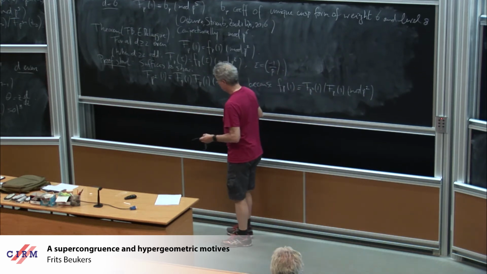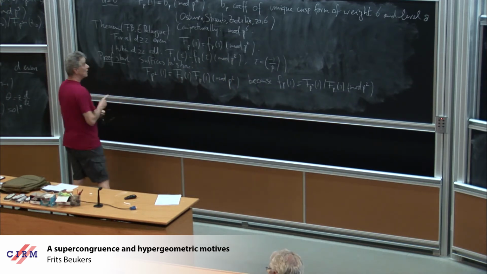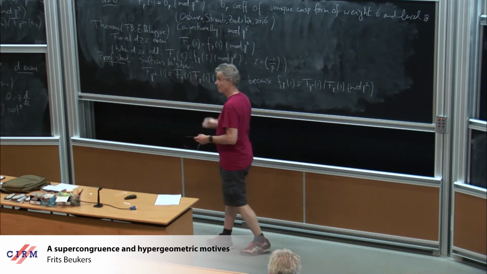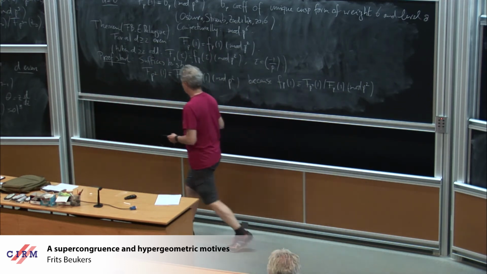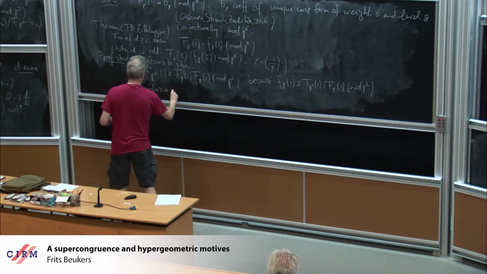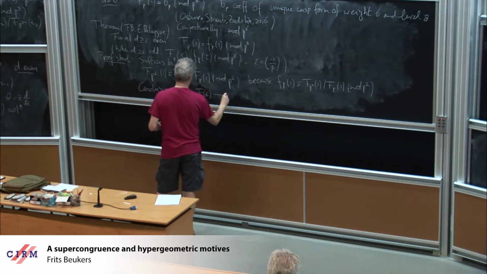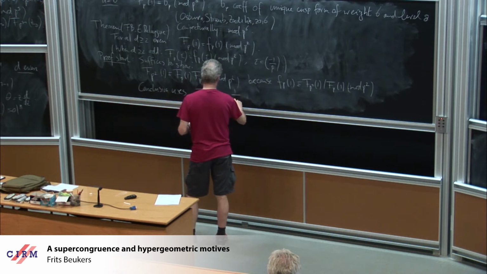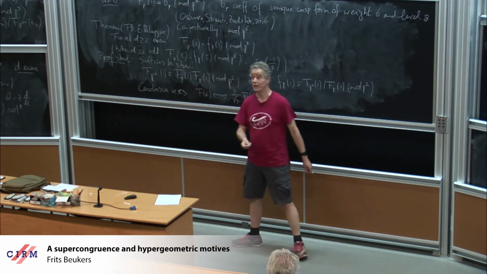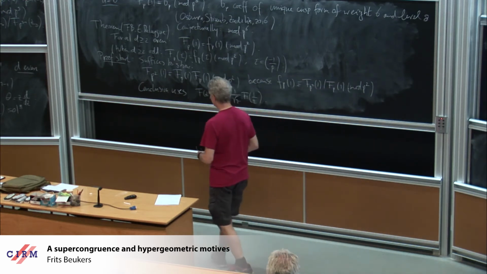I'm not going to spell it out, but I'd like to remark that a crucial ingredient, the reason that supercongruences in this theorem exist, is that the conclusion uses the symmetry f(z) goes to 1 over z, so the symmetry of the differential equation. That's what it basically comes down to, or some finite version of it.